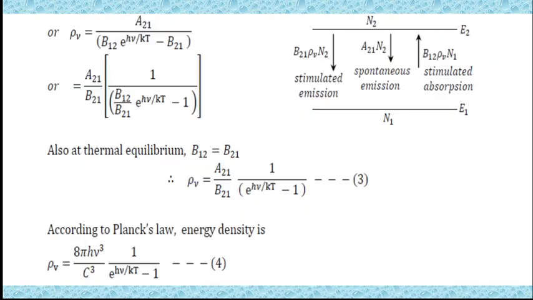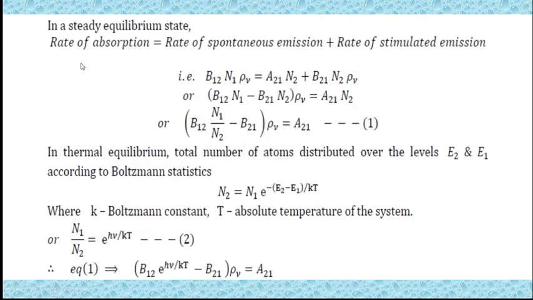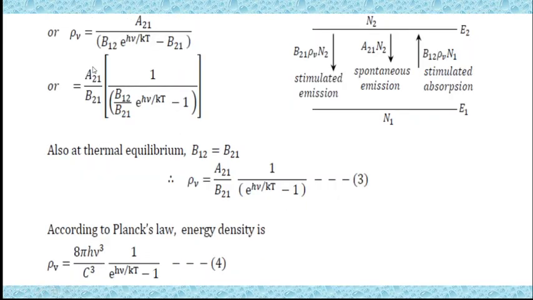Therefore, rho nu can be written as rho nu equals A21 divided by B12 exponential h nu by kT minus B21.